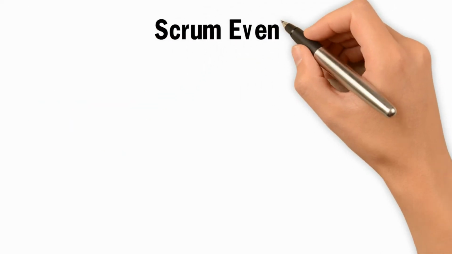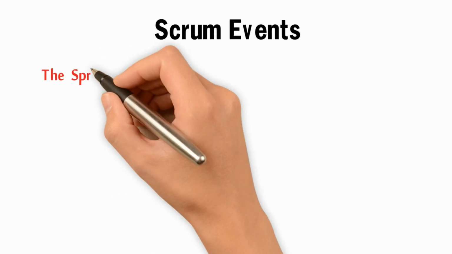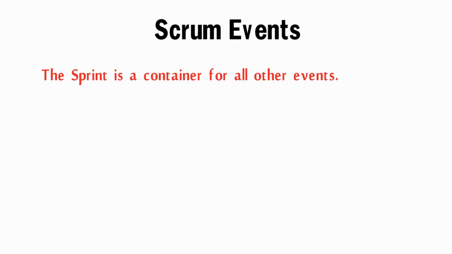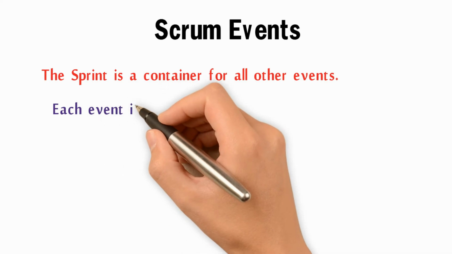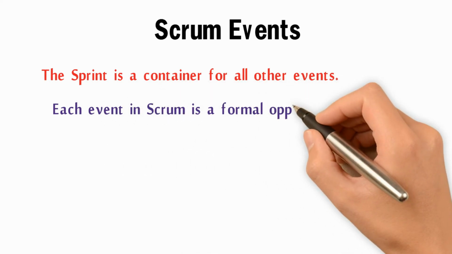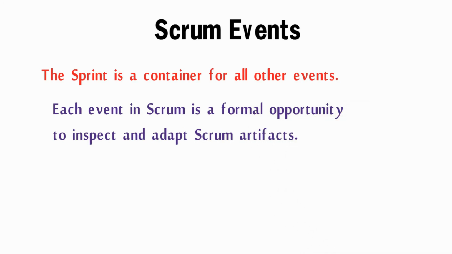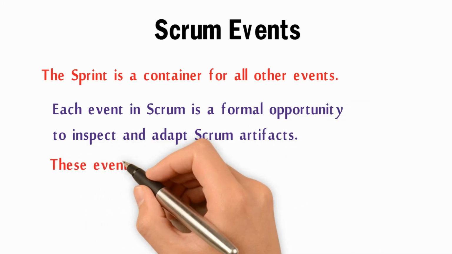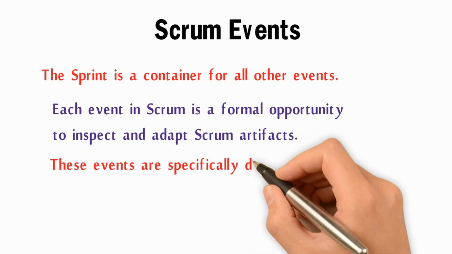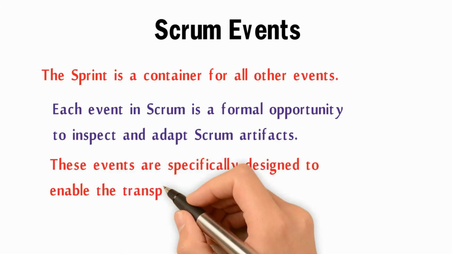Scrum Events. The sprint is a container for other events. Each event in Scrum is a formal opportunity to inspect and adapt Scrum artifacts. These events are specifically designed to enable the transparencies required.